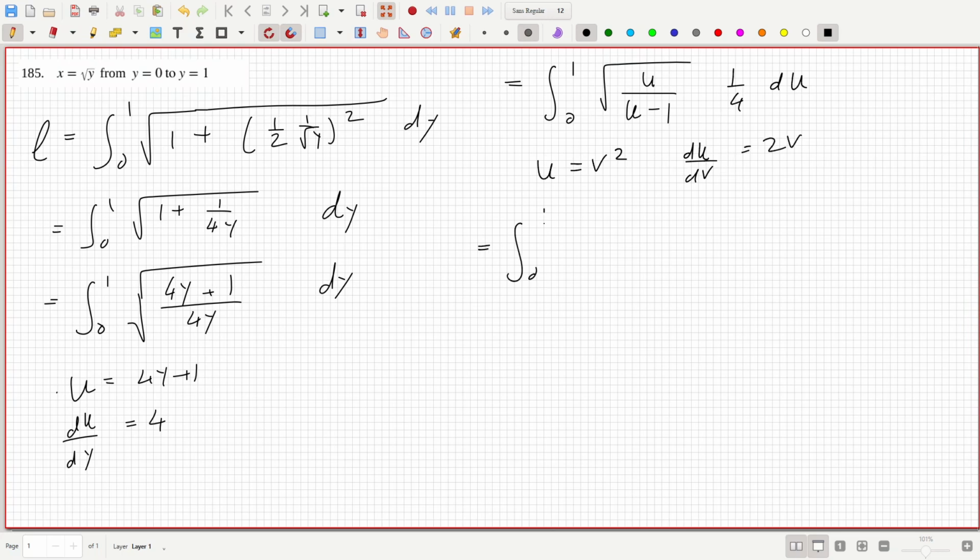So that would be 0 to 1, and then on the top would be root u, which is root v squared, which is v. And then on the bottom it'd be root u minus 1, which is root v squared minus 1. And then the quarter's still there. And the du is 2v dv.